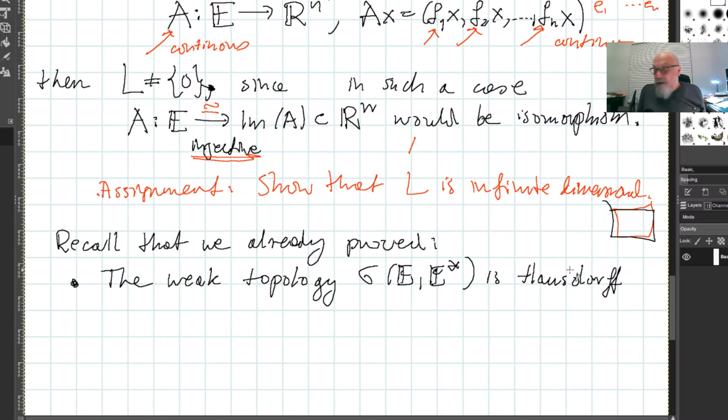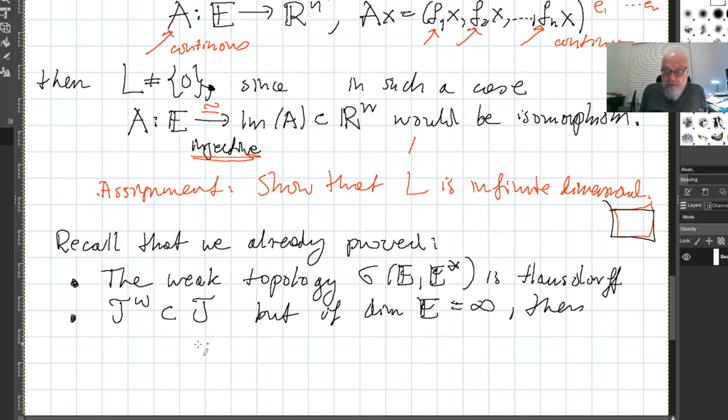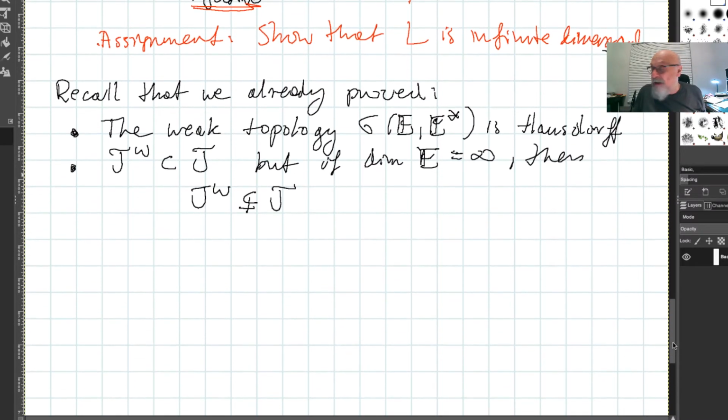Very good. We also have that the weak topology tau_W is contained in the regular topology tau, but if the dimension of E is equal to infinity, then tau_W is contained, but cannot be equal to tau.